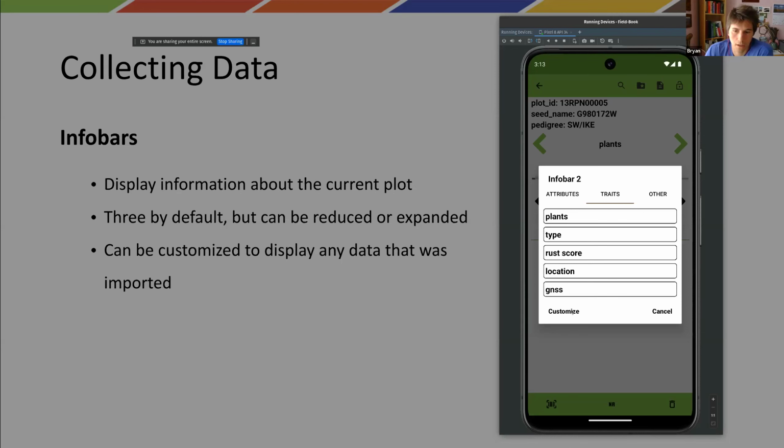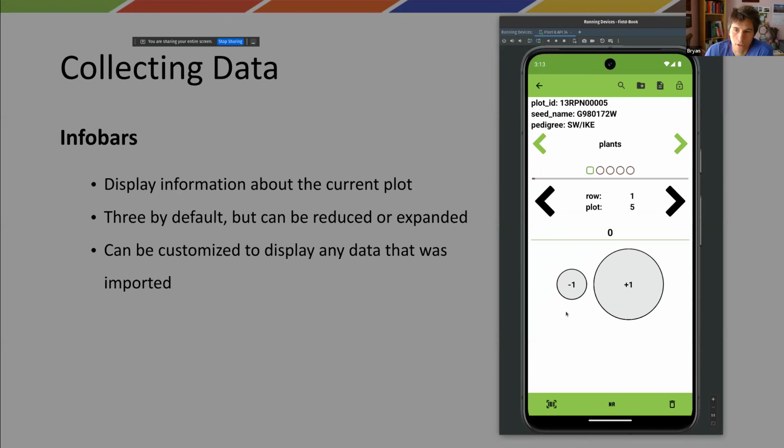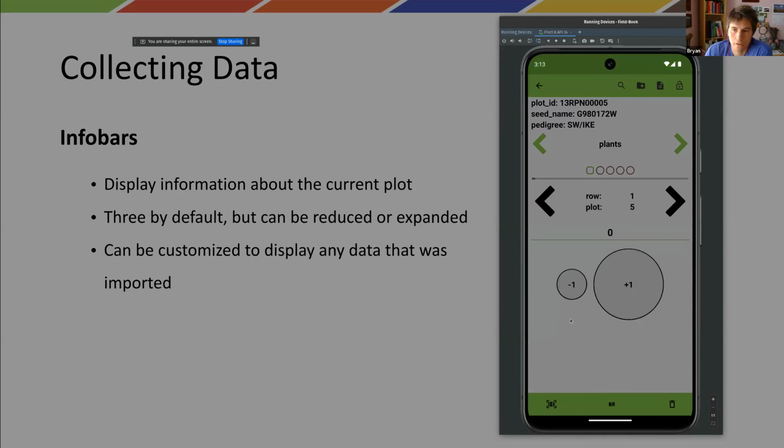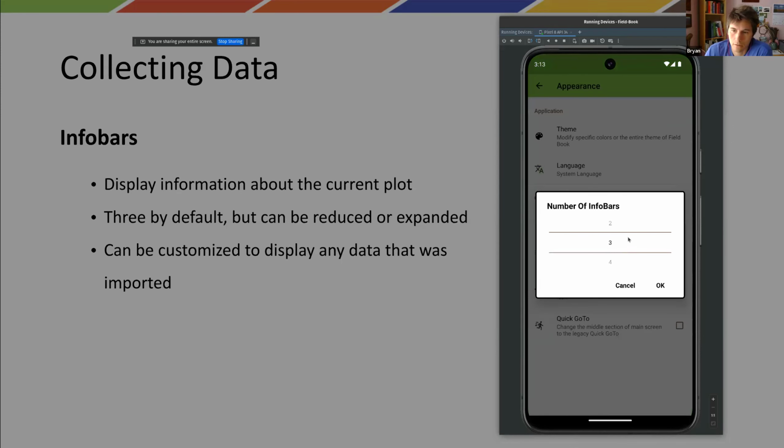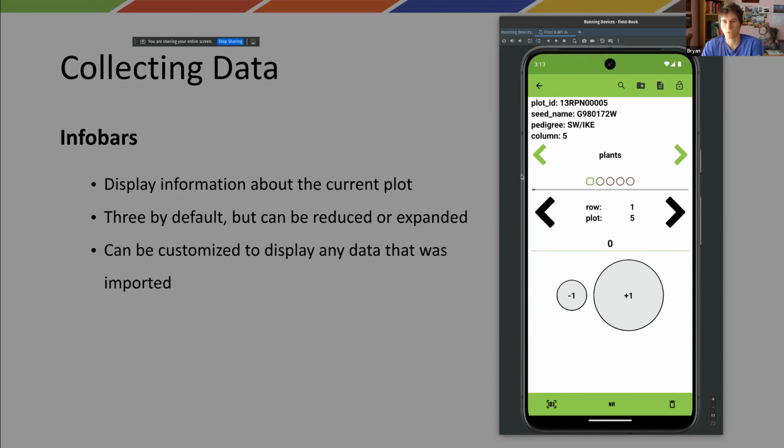You can also, with the customize button here, jump to the setting where you can change the number of info bars. So I might want to display an extra info bar so I can see a little bit more information. Or maybe I want more screen real estate for other things, and I could reduce down to one info bar or none.